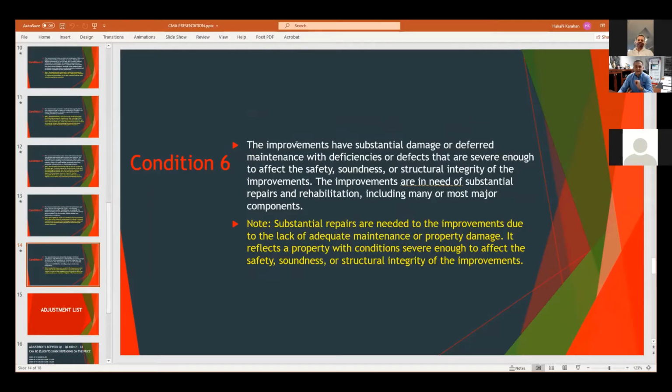The improvements have substantial damage or deferred maintenance, with deficiencies or defects that are severe enough to affect the safety, soundness, and structural integrity of the improvements. The improvements are in need of substantial repairs and rehabilitation, including many or most major components. Substantial repairs are needed due to the lack of adequate maintenance or property damage. It reflects property with conditions severe enough to affect the safety, soundness, and structural integrity of the improvements.